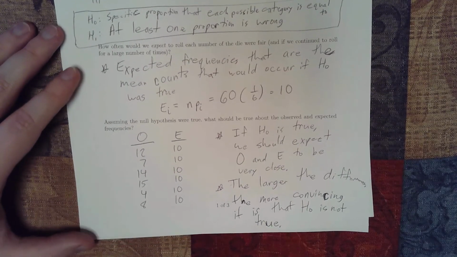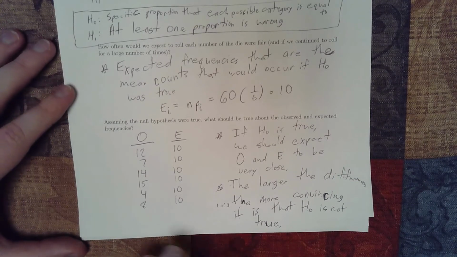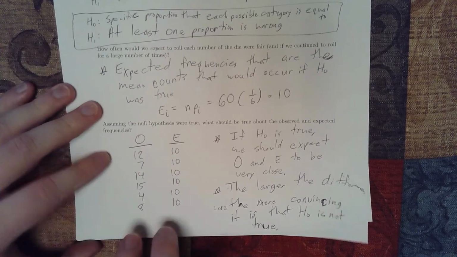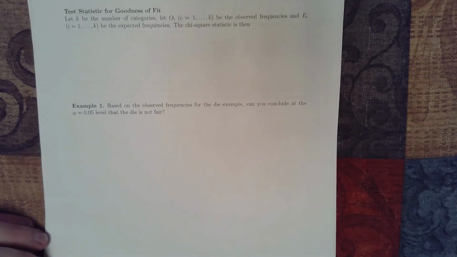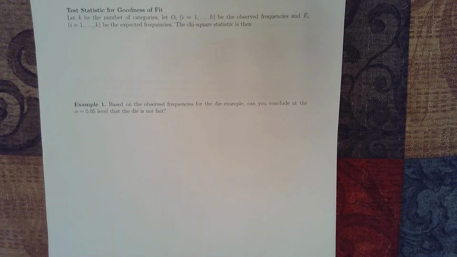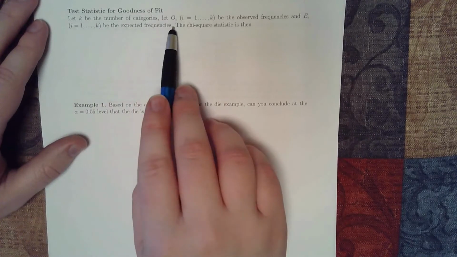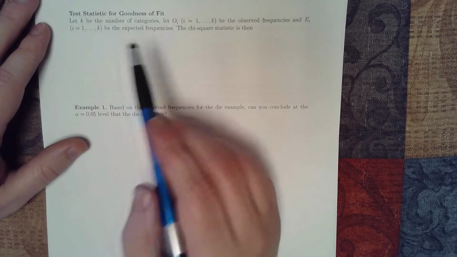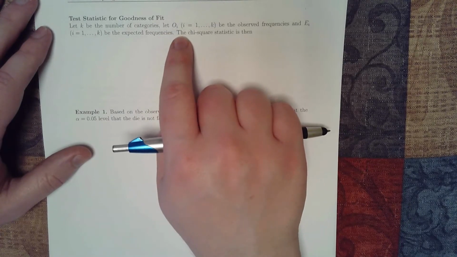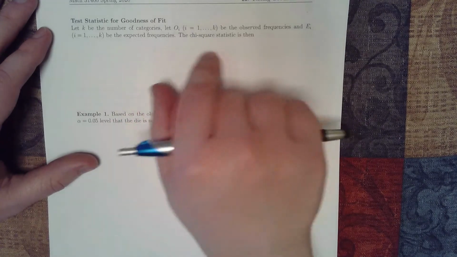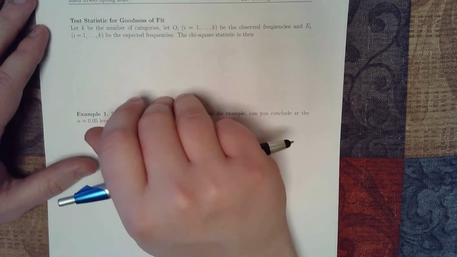So the test statistic that we come up with should measure how big the differences are between O and E. And this will lead us to our chi-squared statistic, which is going to be our test statistic for this goodness of fit. K is going to be the number of categories that we have. In this example, it's 6. We're going to let O sub i be the observed frequencies and E sub i be those expected frequencies, the O column and E column we came up with.